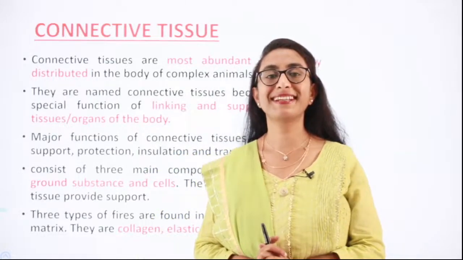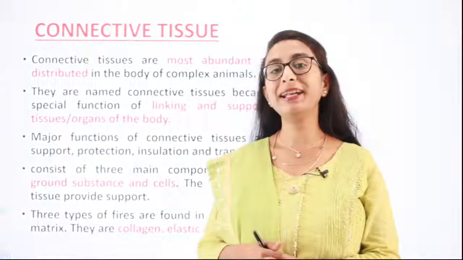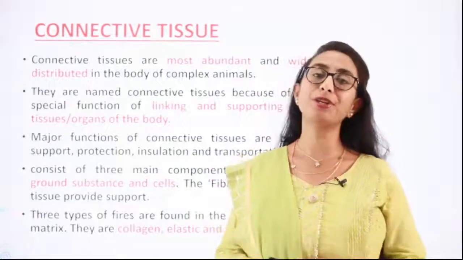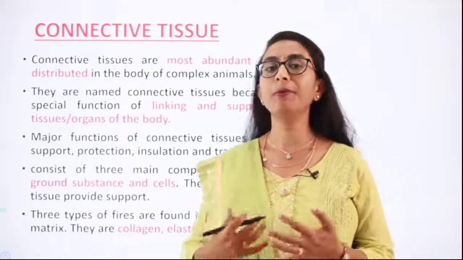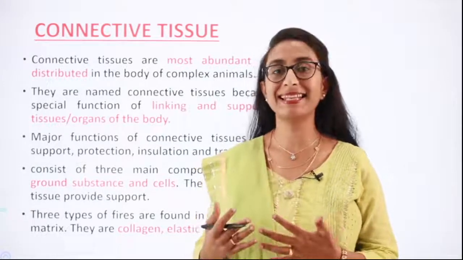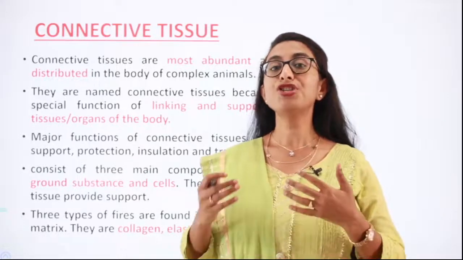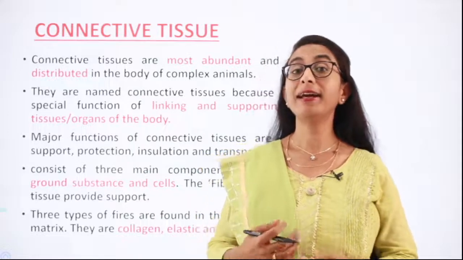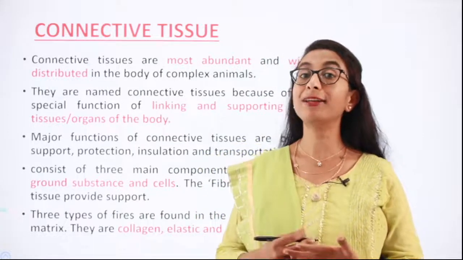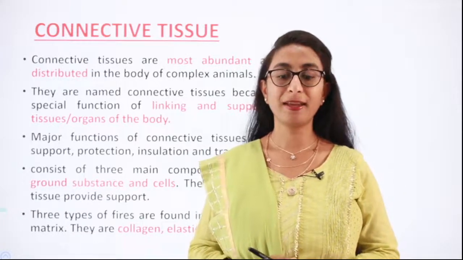Connective tissues. Connective tissues are the most abundant and most widely distributed tissue in the human body. As the name suggests, what do we mean by connect? It links, isn't it? So connective tissues are the tissues which link tissues and organs throughout the body, and that is why they are the most abundant and most widely distributed tissue in our body.